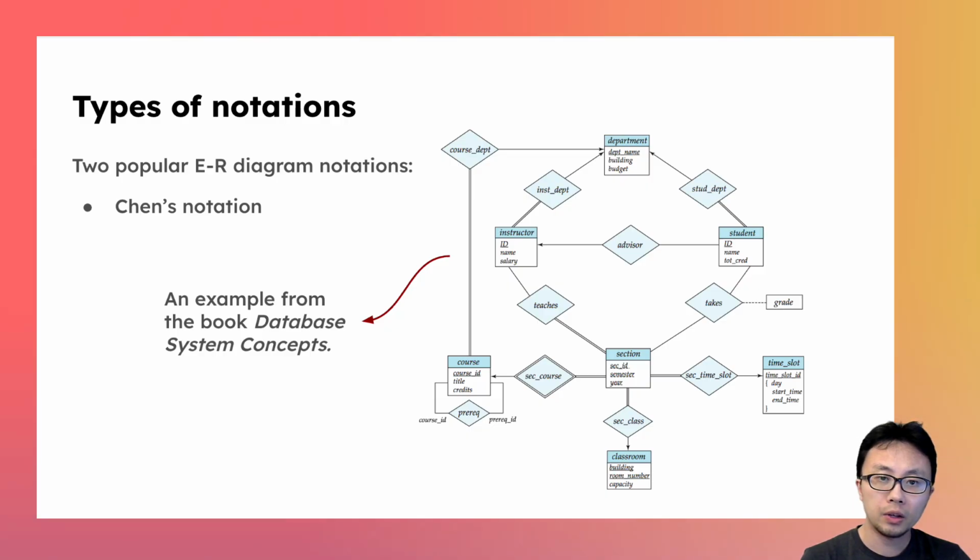An example of an ER diagram developed using Chen's notation looks like this, on the right side of the screen. It comes from the book Database System Concepts. Some notable features of Chen's notation include representing all the relationships between entities using diamond boxes and using underlines to denote primary keys.